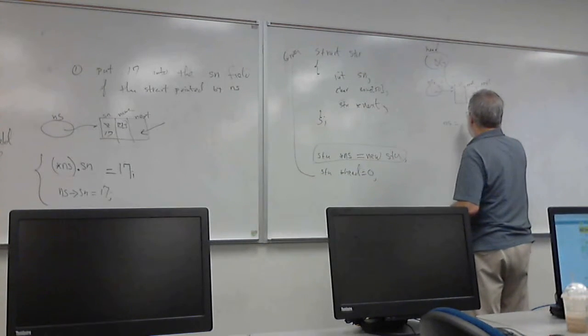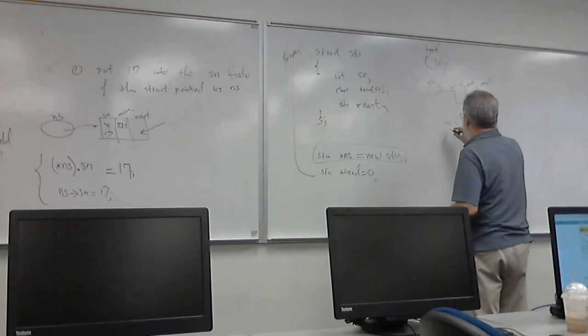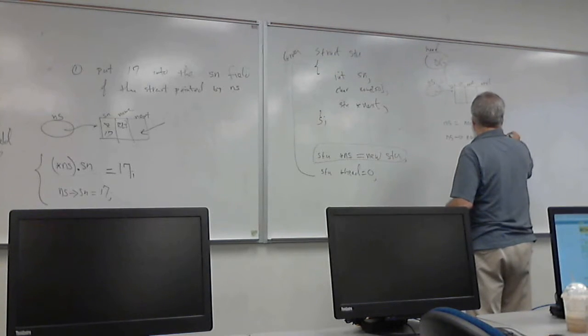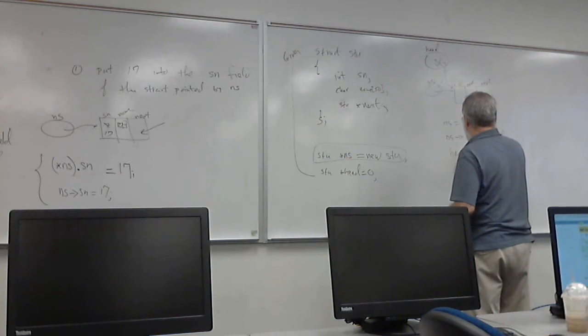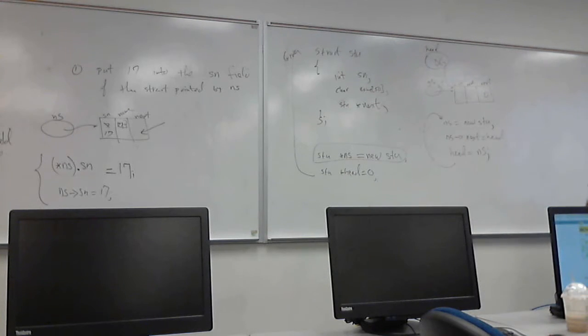Then ns arrow head, sorry, ns arrow next equals head, and head equals ns. We're going to repeat this over and over again. What happens?